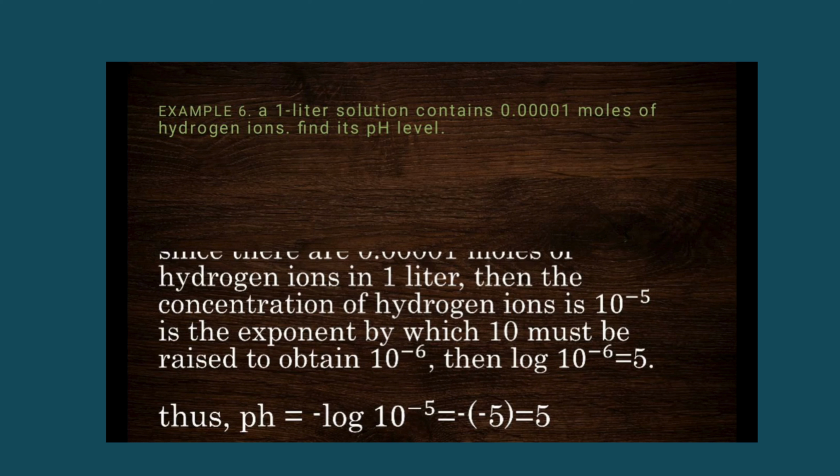Log of 10 to the power of negative 5 is the exponent by which 10 must be raised to obtain 10 to the power of negative 5, which equals negative 5. So our answer is pH equals negative log of 10 to the power of negative 5, which equals negative negative 5, which equals 5.